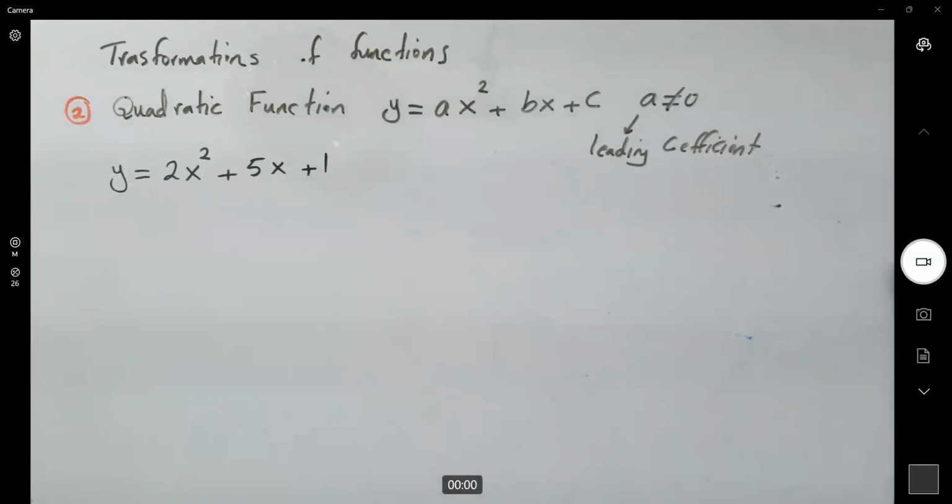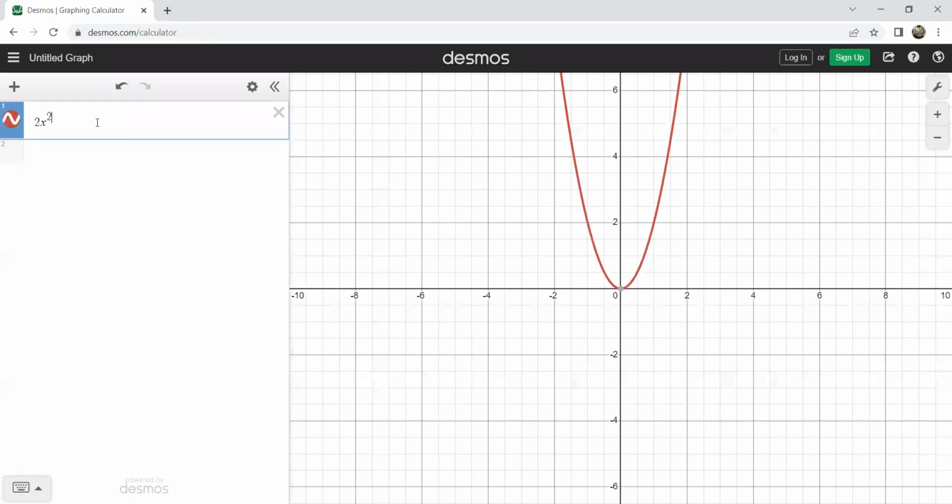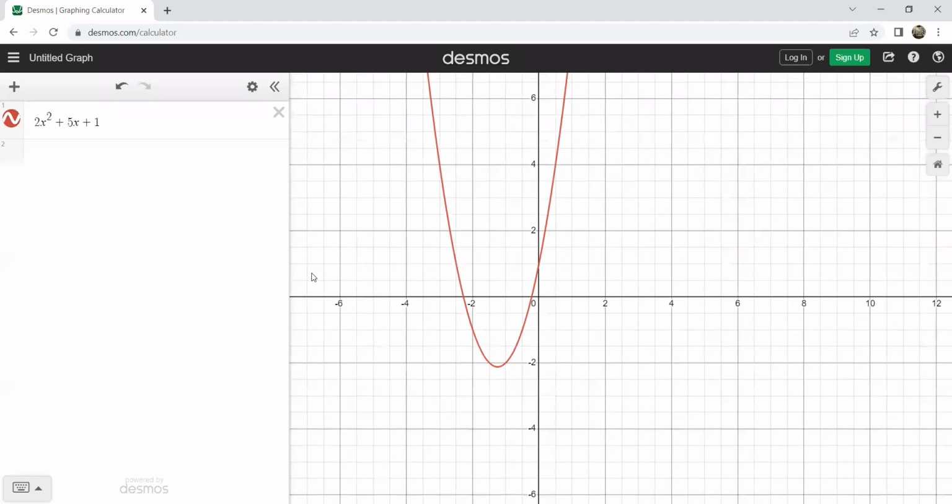Let's take a look at Desmos and see what we have. In the graphing calculator, I have 2x squared plus 5x plus 1. This is the function graph, the parabola that we have here.